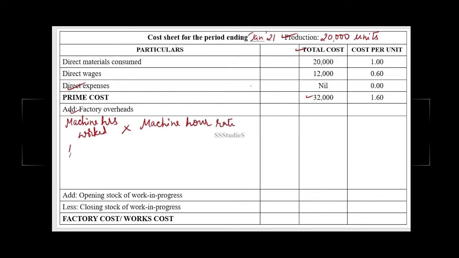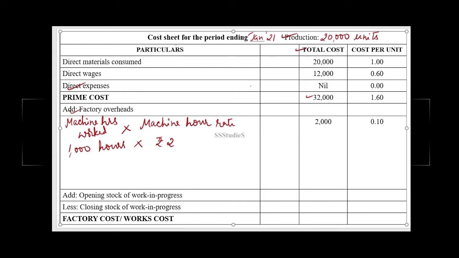That is 1,000 hours into rupees 2. Now that comes to rupees 2,000. So 2,000 divided by 20,000 units, we will get per unit cost. So that comes to 0.10.